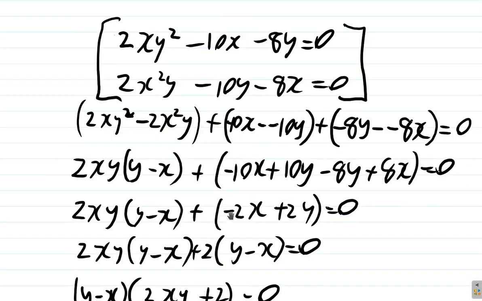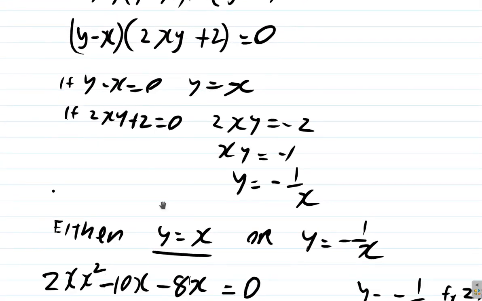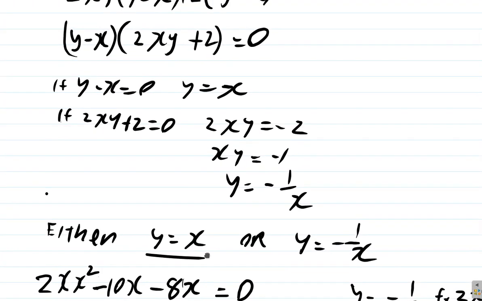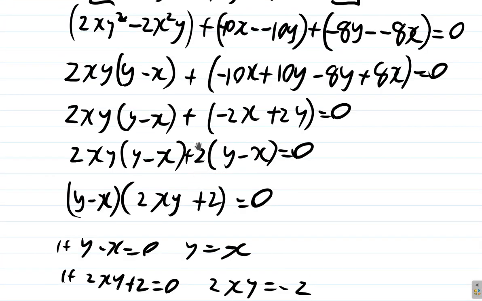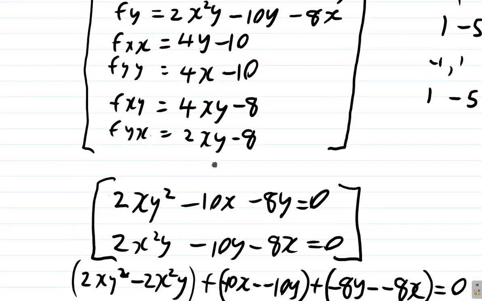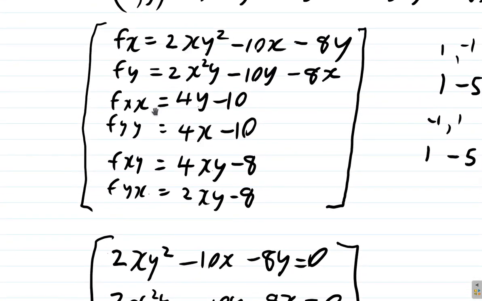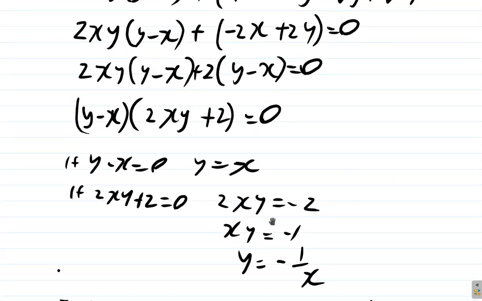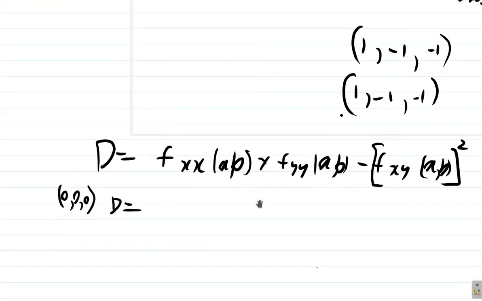When x is 0 and y is 0, fxx would be 4 times 0 minus 10, so you have negative 10, times fyy.